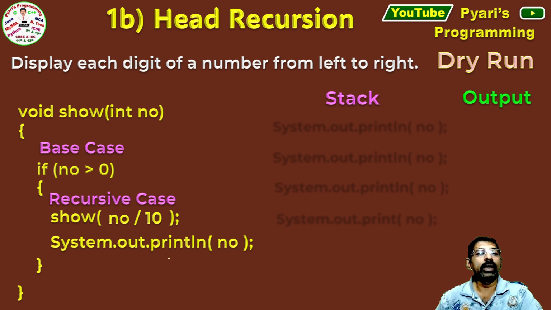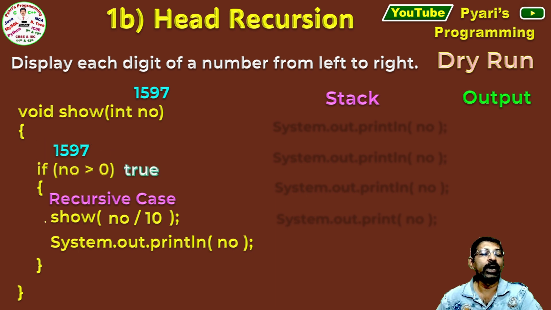Let's start the dry run. Suppose the user has given the number 1597. Then inside the body, I am going to check if the number is greater than 0. For 1597 the condition is true. Then it will enter the body of the if condition, inside which the recursive call is no by 10.